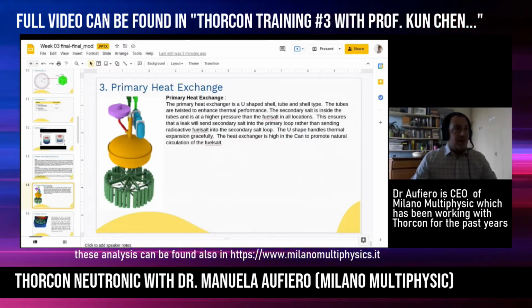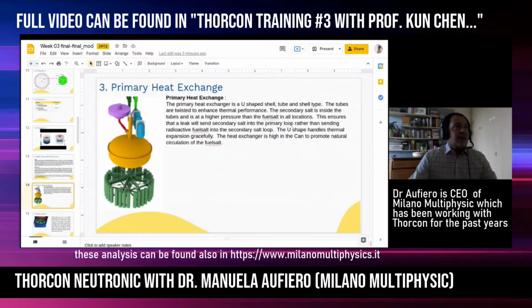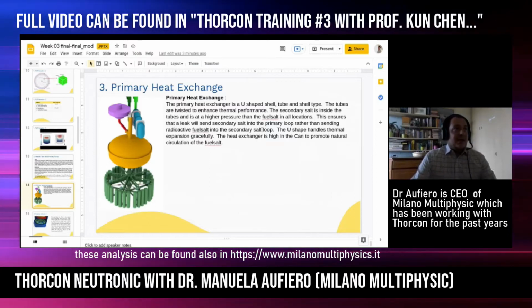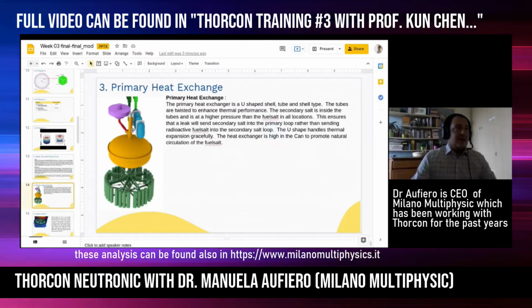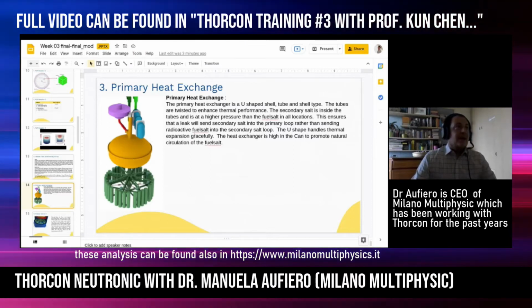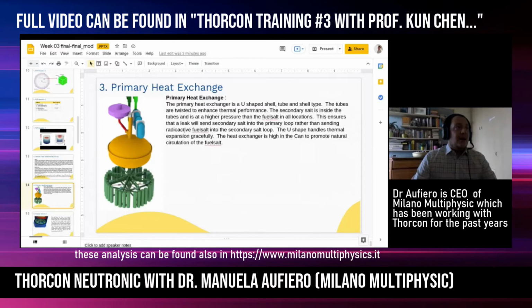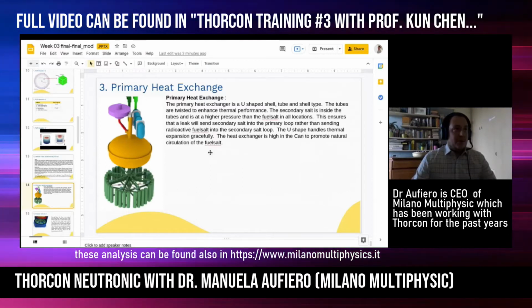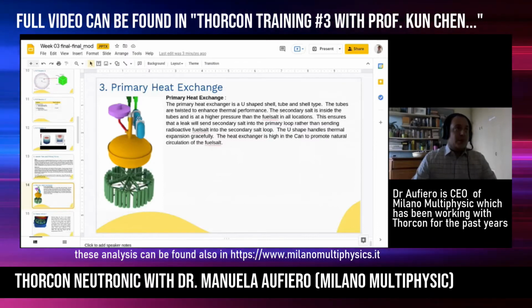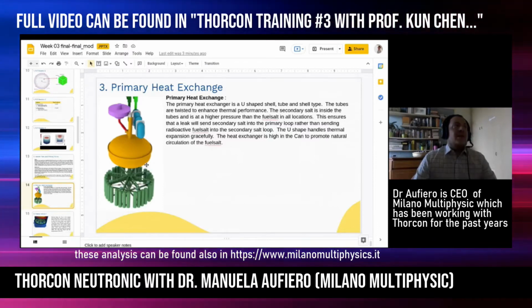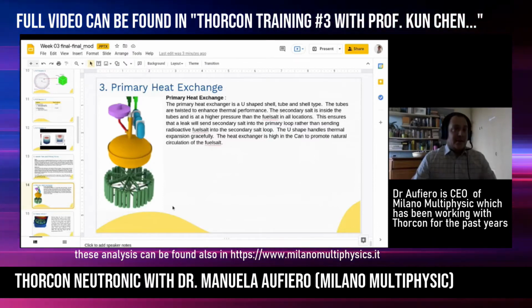The fuel salt stays in the shell side and the secondary salt stays in the tube side. In case of a leak, it will send the secondary salt into the primary loop rather than the opposite. Also, the management of the decay heat is facilitated by having the fuel in the shell side.